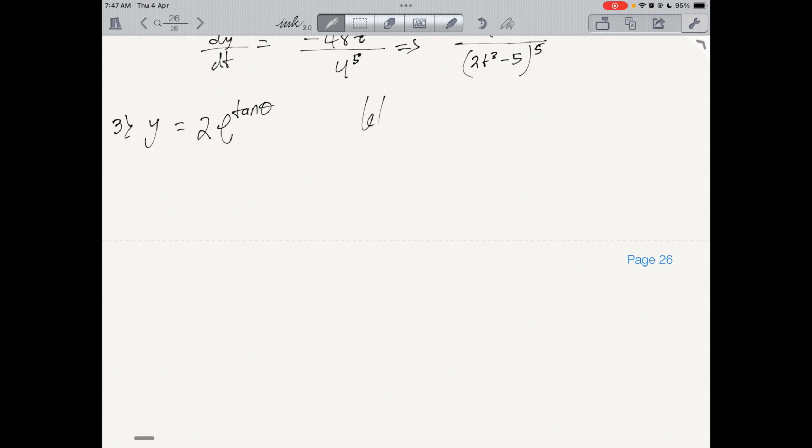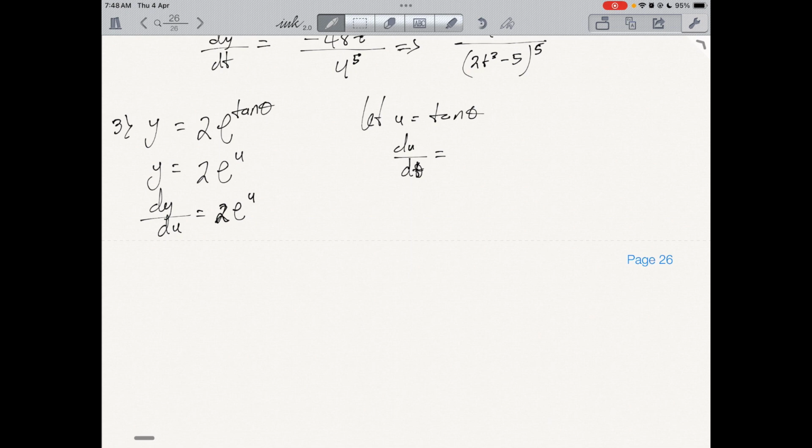So we say let u be equal to tan theta. Therefore our y is equal to 2 exponential u. So with this we can evaluate dy/du, and also we can evaluate du/d theta. Okay, so dy/du, when we differentiate it, we'll have 2 exponential u.